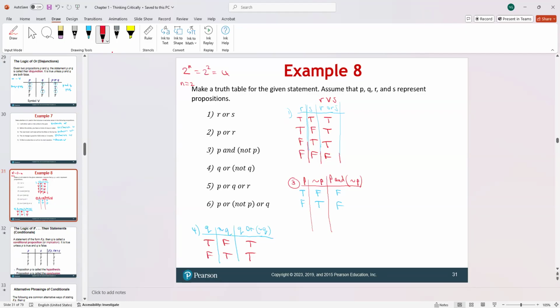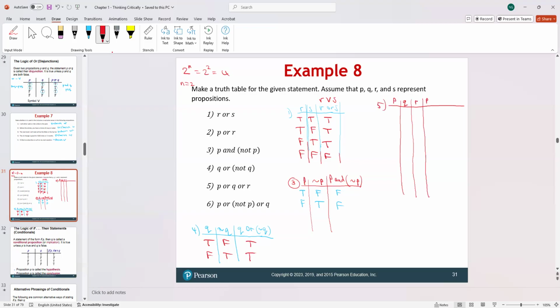But let's see for some of them who have three, like number five. For number five, we have three propositions. We have P, we have Q, and we have R. So those are our three propositions, and they are the disjunctions.